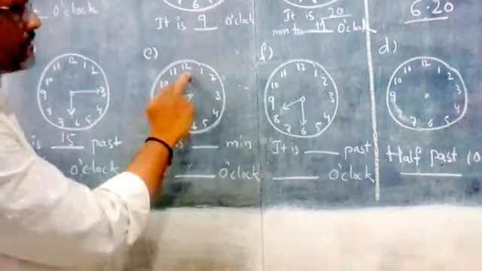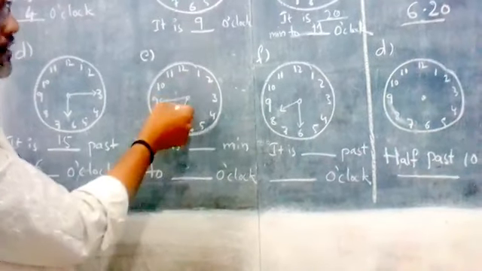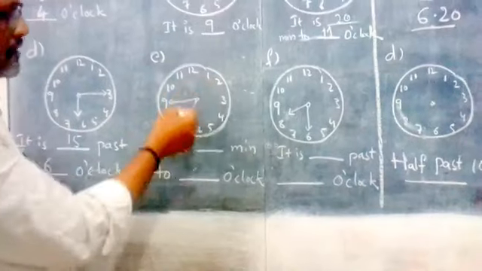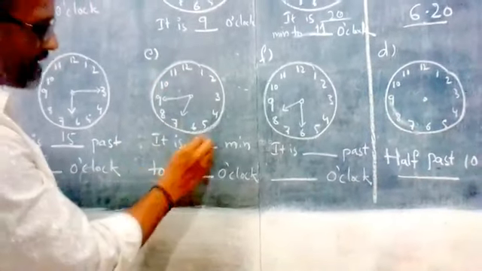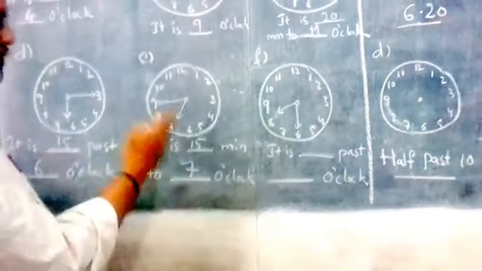The long hand should come to 12 to make a round figure. When the long hand reaches 12, it will be 7 o'clock. How many minutes are there? 5, 10, 15. So 15 minutes are left to reach 7 o'clock. In other words, it is quarter to 7.